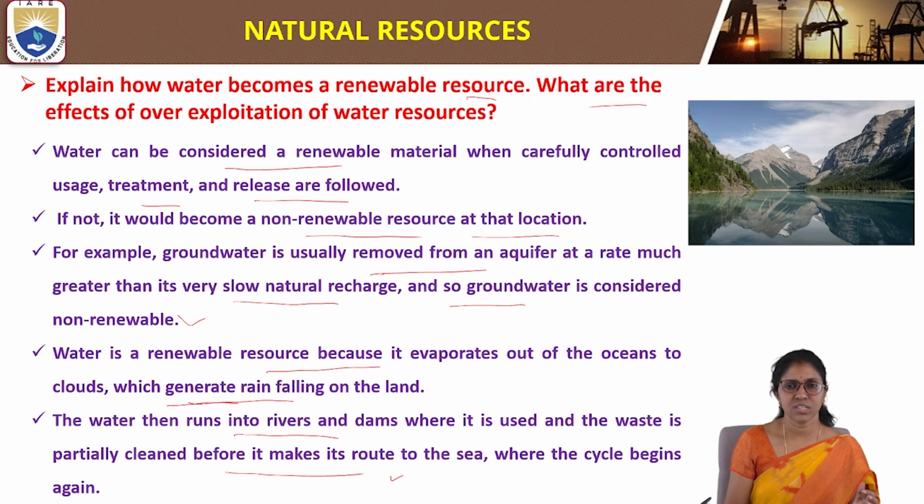These clouds generate the rains which fall on the land, then the water runs into rivers and dams and reaches the sea and the ocean. So the cycle begins again. This is why water is called a renewable resource.